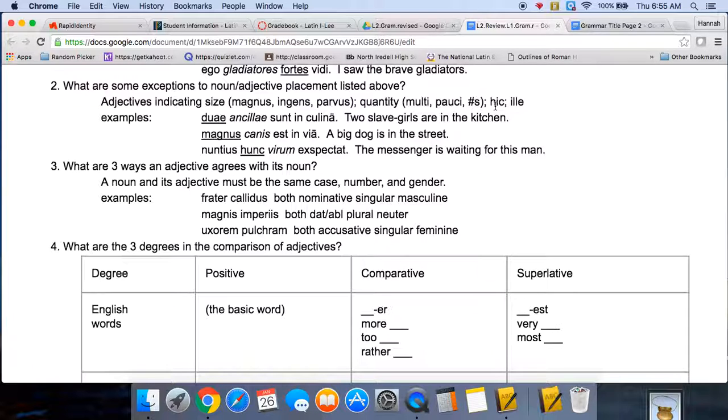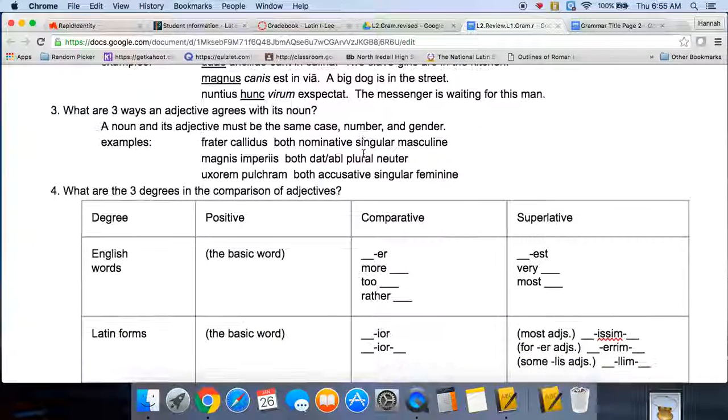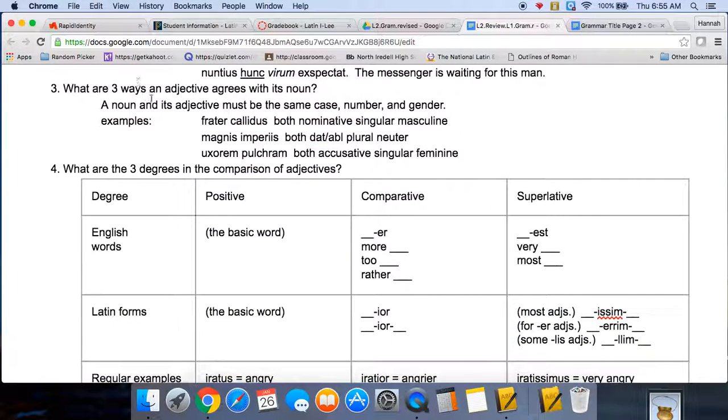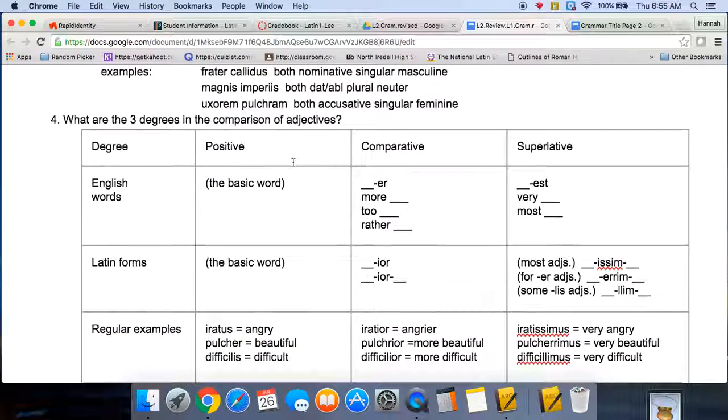And the demonstrative pronouns that are used as adjectives sometimes, like hic and ille, meaning this, these, or that, those, typically come in front. Okay, so you have some examples that you can read. Three ways that nouns and adjectives agree are in case, number, and gender. So you have frater calidus, magnis imperiis, and I think that you can look through those.